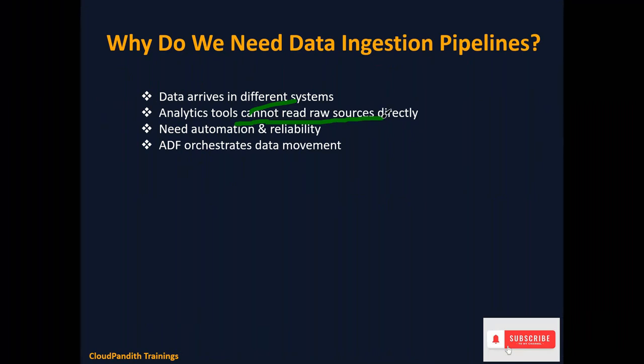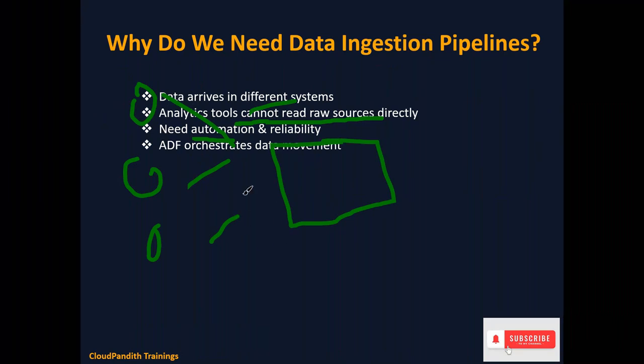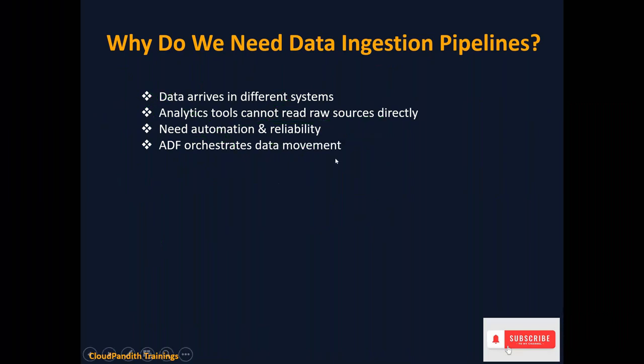So we need a reliable automated way to move this data from multiple source systems into a single storage. This process of moving data from multiple sources to a target is called data ingestion. Azure Data Factory helps us automate and orchestrate this data ingestion process.